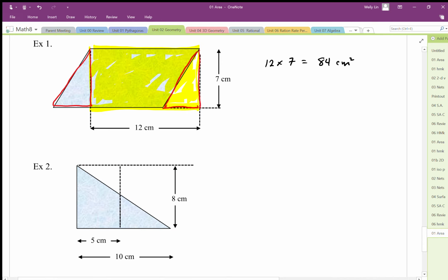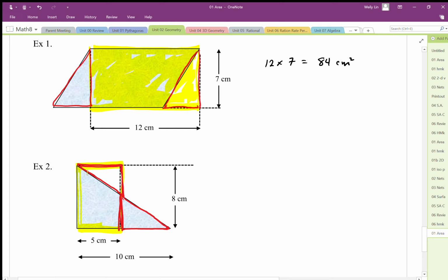We could also take this section out here, go halfway along the length, take that triangle here and reposition it up here. So that equivalent triangle here and here means that this space that I'm going to highlight in yellow is equivalent to the blue space that we started with, the blue triangle.